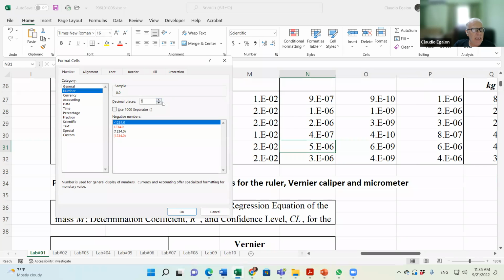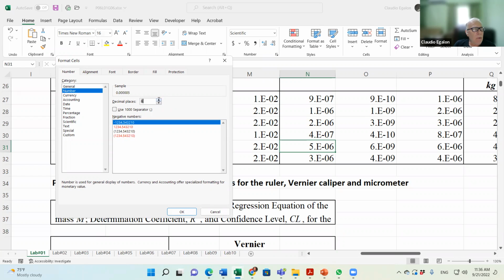When I start changing the decimal places, the actual number shows up in this region of Excel. With one decimal place, I still see zeros. With 2 decimal places, I still see zeros. I have no significant figures. 3 decimal places, 0 significant figures, because all the numbers here are 0. 4, 5.